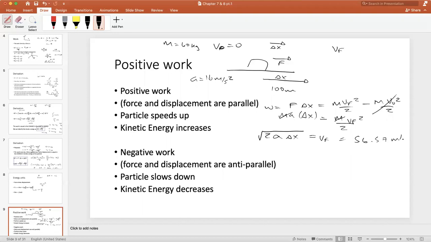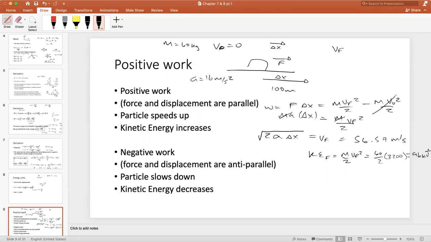56.57 meters per second. The kinetic energy final is m to the half times v final squared. Remember that this was 3,200. If I square this, I get 3,200. So this is 60 over 2 times 3,200, or 56.57 squared. 3,200 times 30, 96,000, or 96 kilojoules. I wrote kilojoules there, 96,000 joules.